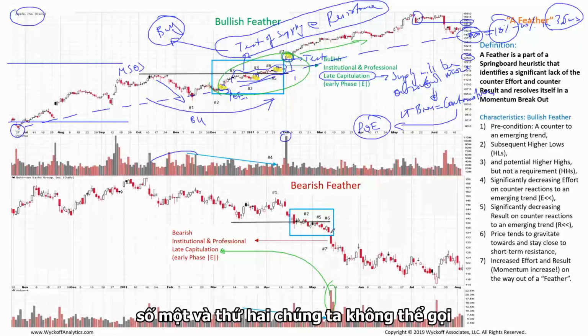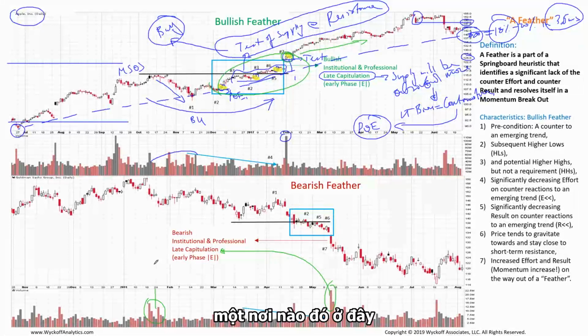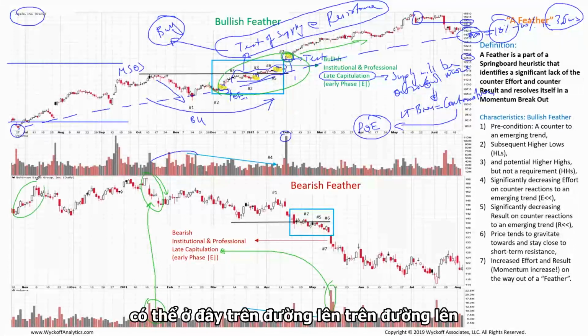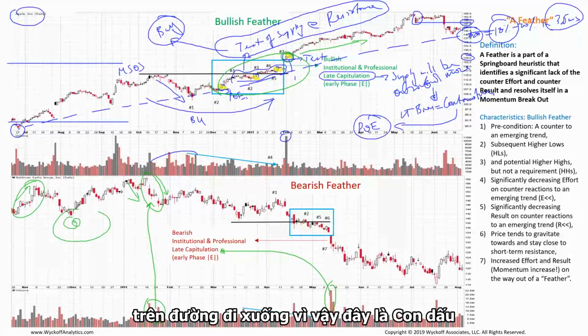And secondly, we cannot call it CO anymore, because we would be thinking that CO is going to distribute the stock at the higher level. So maybe somewhere here, where CO is distributing off the top. Right? Maybe here, on the way up, on the way down. So this is CO.